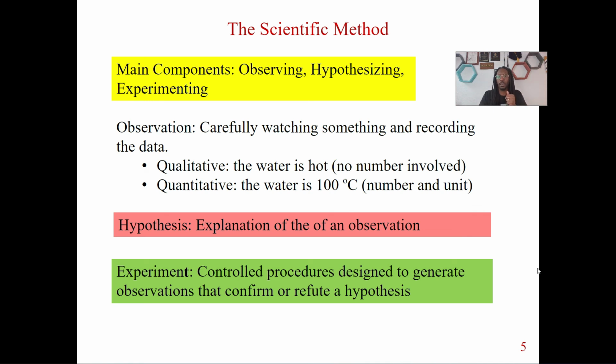We always got to observe something, we got to use some type of hypothesis that comes to our head, and then we got to do some type of experiment. And then based off these three things, we can conclude from our data everything we just did. And this is the scientific method, and this is happening over and over and over again.